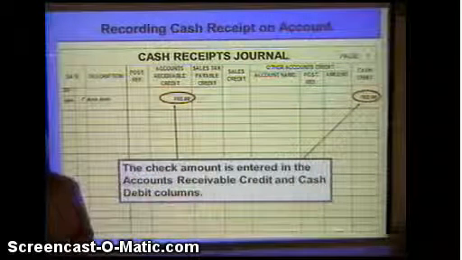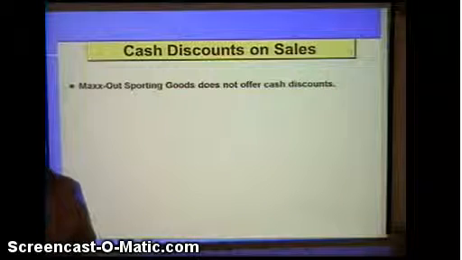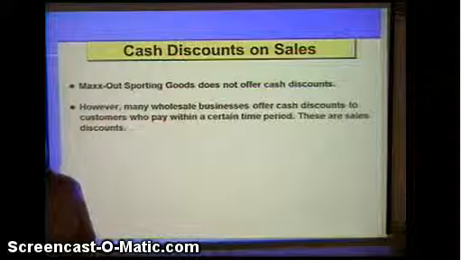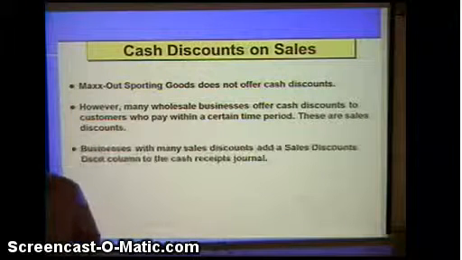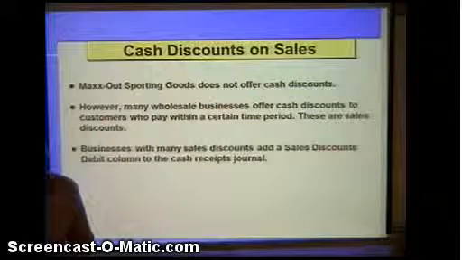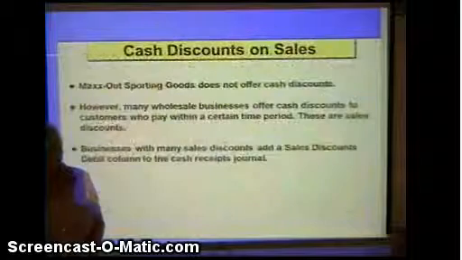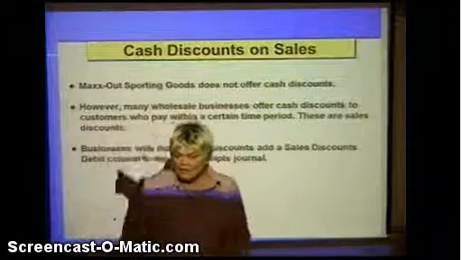Let's look at another one. This would be cash discount on sales. These are discounts. This is just to point out that if you're doing lots of discounting, then you may want to add a column in your journal of cash receipts to show that.